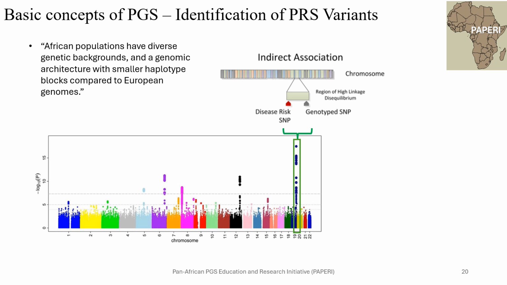For the most part, this is okay, because it's nearby and strongly associated with the causal SNP.